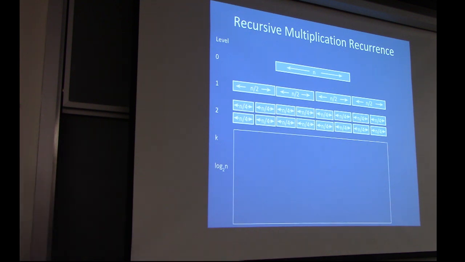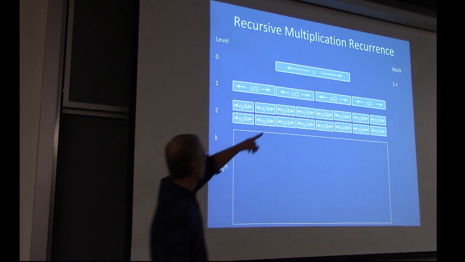So how much work are we doing at level 0, before and after the recursive call is made? It depends on the number of bits, so we'll just say it's proportional to n. How much work are we doing at the second level?